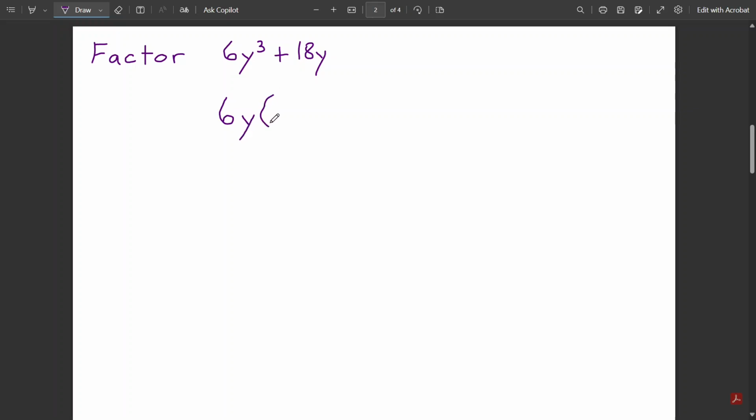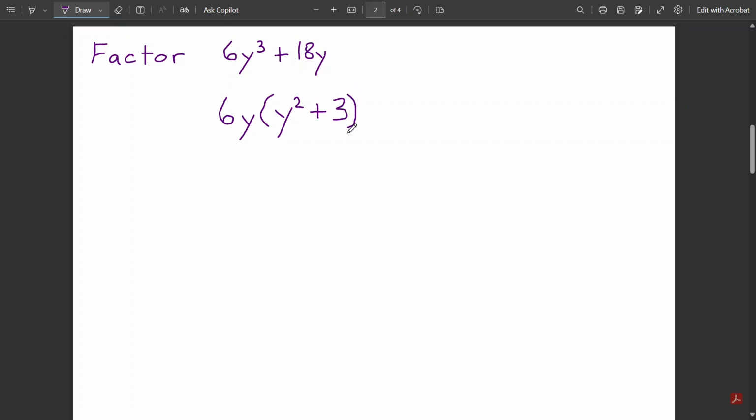I'm left with y squared plus. Now I'm going to divide 18y by 6y. So 18 divided by 6 is 3, and y divided by y is 1, so it's just 3 times 1, or 3. Okay, so I've got y squared plus 3.